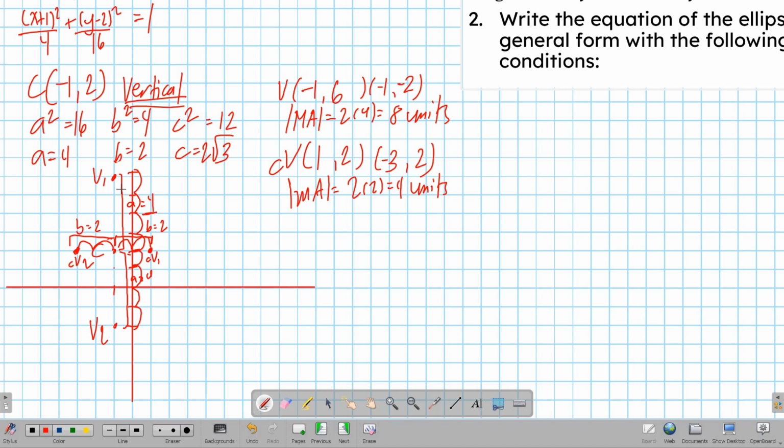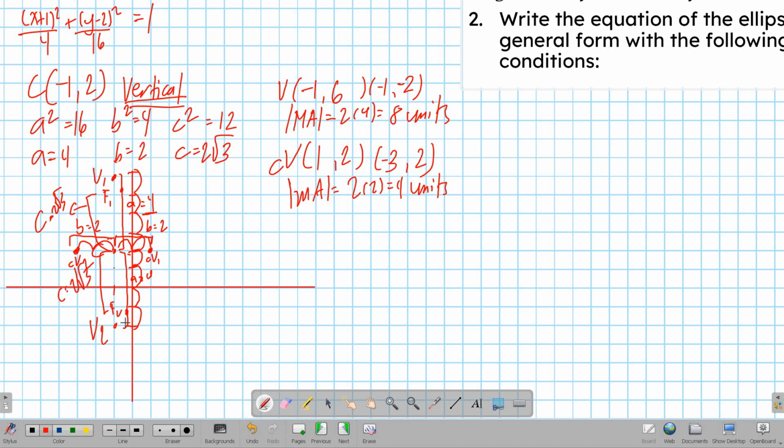Then point something. So the focus might be somewhere here. And from this down below, that's 1, 2, 3. So it might be something here. F sub 2, F sub 1. And from the center to the focus, that would be c, which is 2 square root of 3. Same here. This would be 2 square root of 3 units.